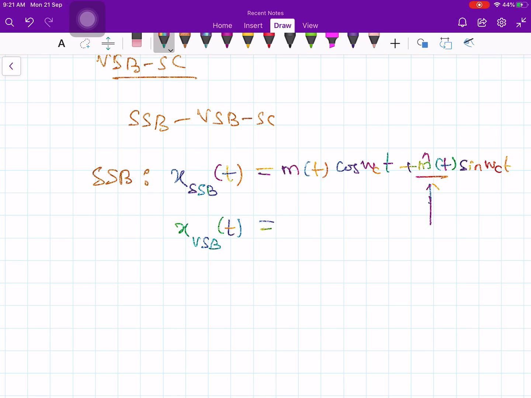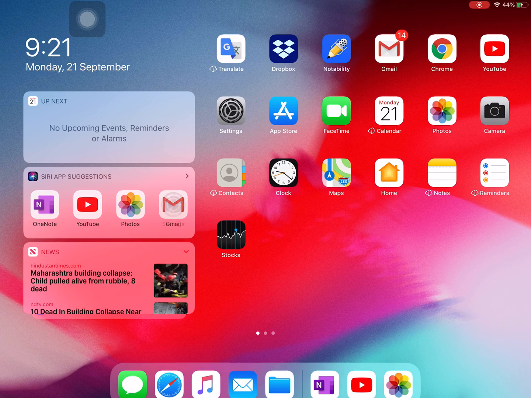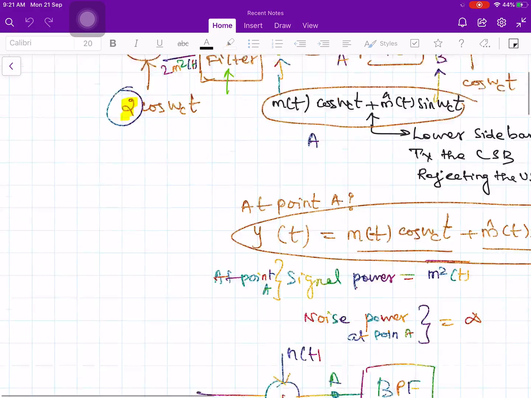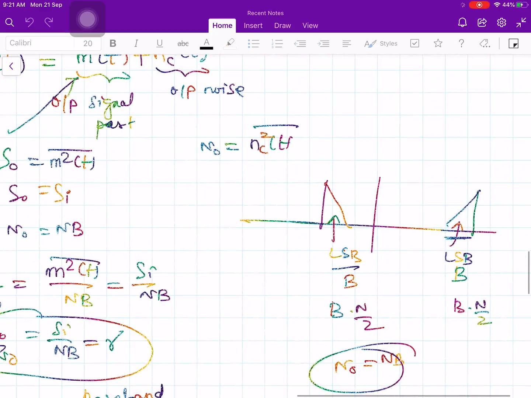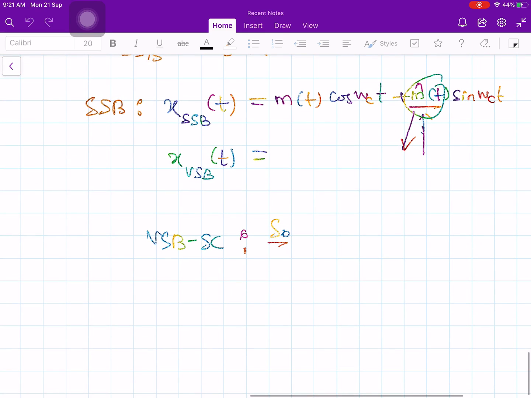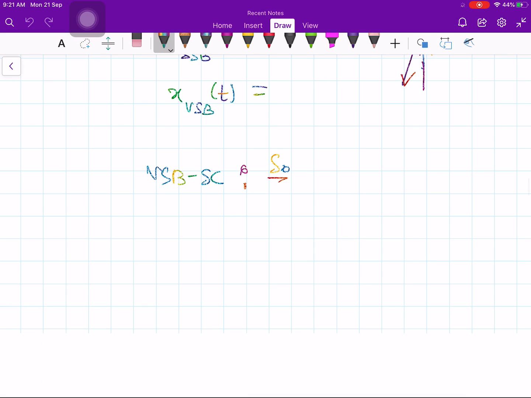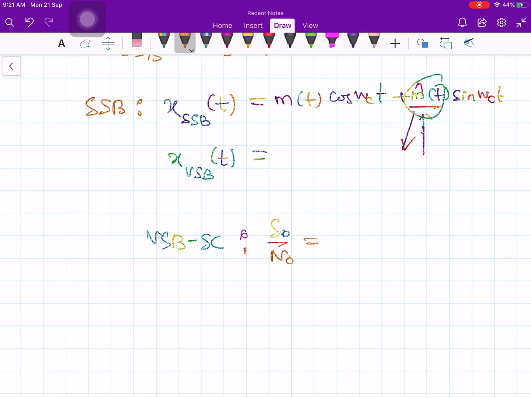It is more or less the same procedure we have done for SSB, but instead of the Hilbert transform you will have the corresponding representation. And in VSB SC, you can show that your output signal to noise ratio S0 by N0 is the same as gamma, Si by NB, this is once again gamma.